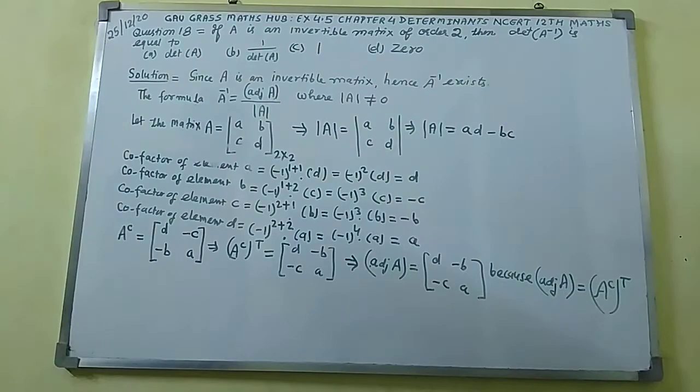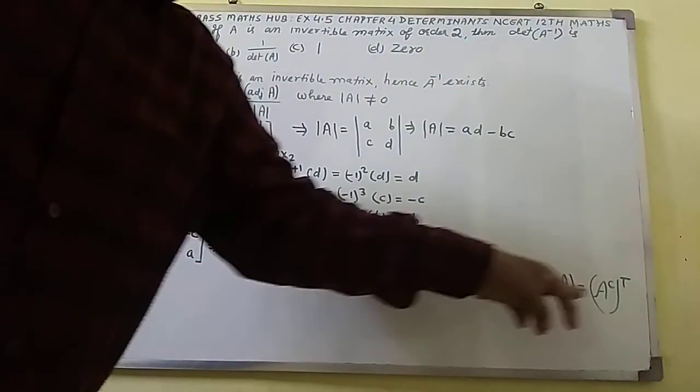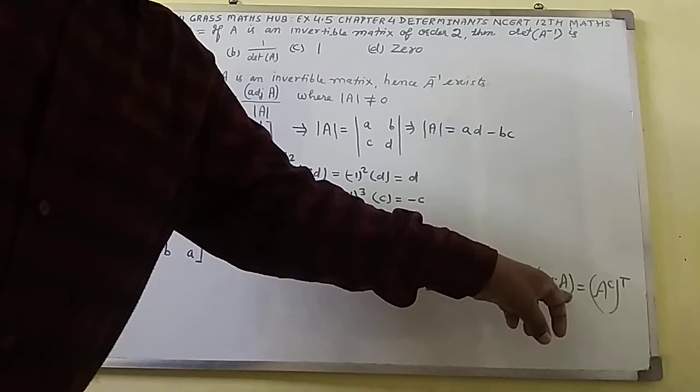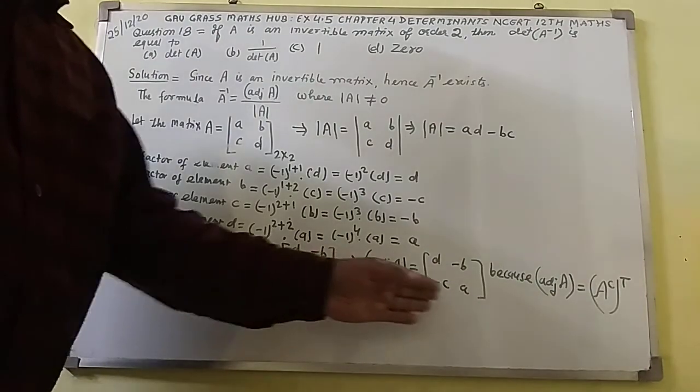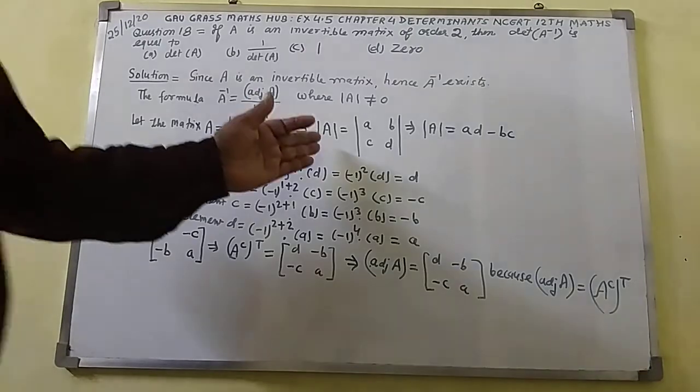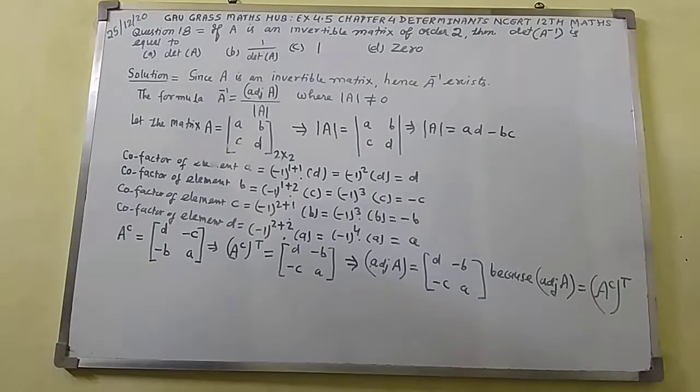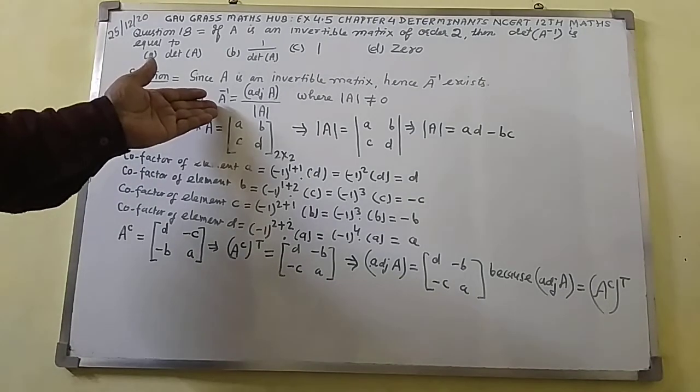Because adjoint of matrix A equal to transpose of cofactor matrix. Transpose of cofactor matrix equal to adjoint matrix. So here you have got adjoint of matrix A, this one. Here you got determinant of matrix A, this one. Now you can get easily this, apply this formula.